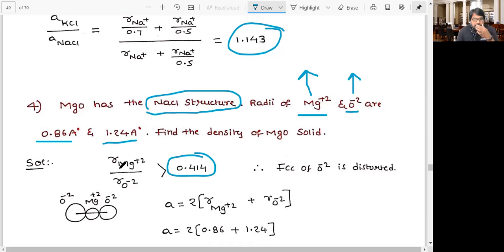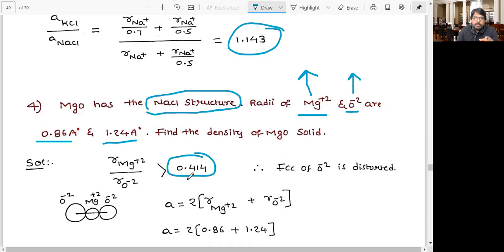But here the radius of Mg+2 is slightly greater when compared to 0.414 times the radius of anion. That means there is a slight distortion. Hence, you should not use root 2 a equal to radius of anion.